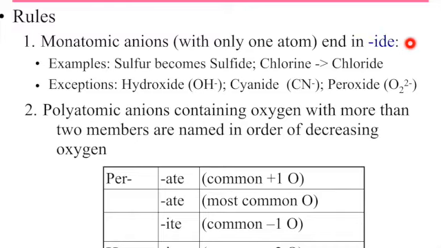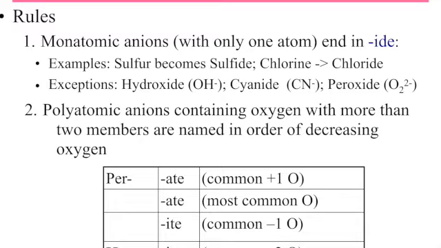They have their ending changed to "ide," very similar to the naming mechanism we used for the molecular compounds. So sulfur becomes sulfide, chlorine becomes chloride, bromine becomes bromide, oxygen becomes oxide, phosphorus becomes phosphide. Anything that has just a single element, I'm going to change to "ide."